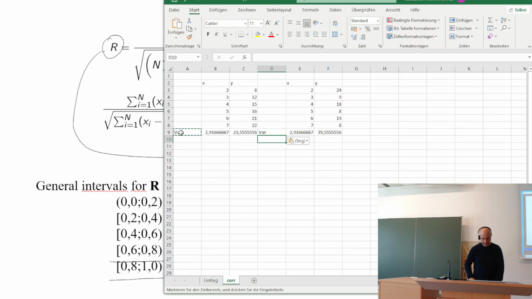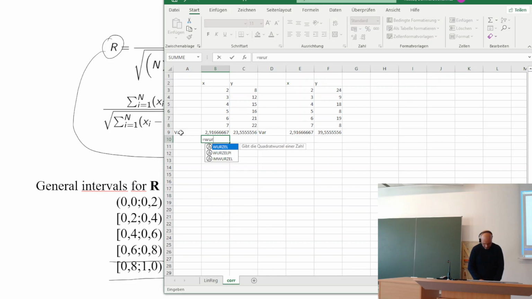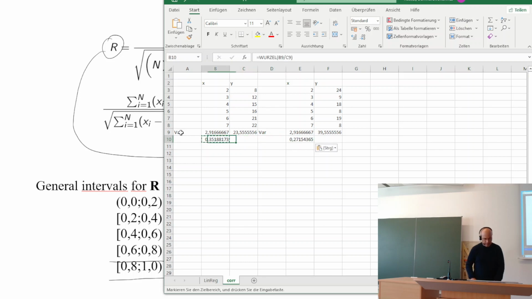So variance of X over variance of Y and square root. So the root of var of X over var of Y.